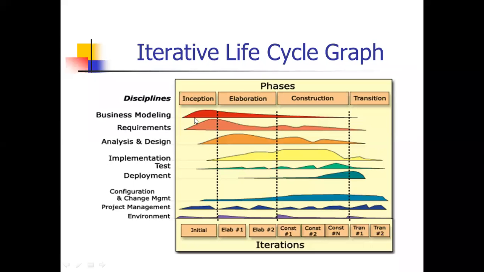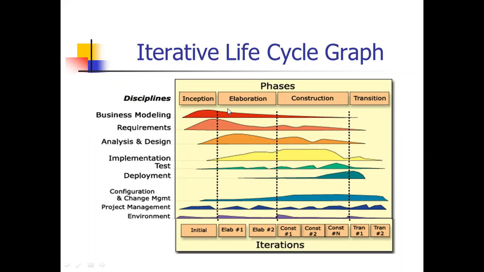Here you can see the flow of the graph in the four phases. Like here, in the initial phase, business modeling and requirements are present in the inception phase. In the inception phase, we are going to identify the requirements and business model.